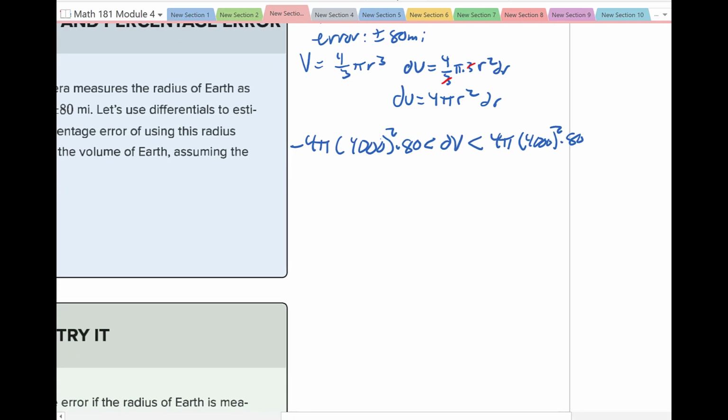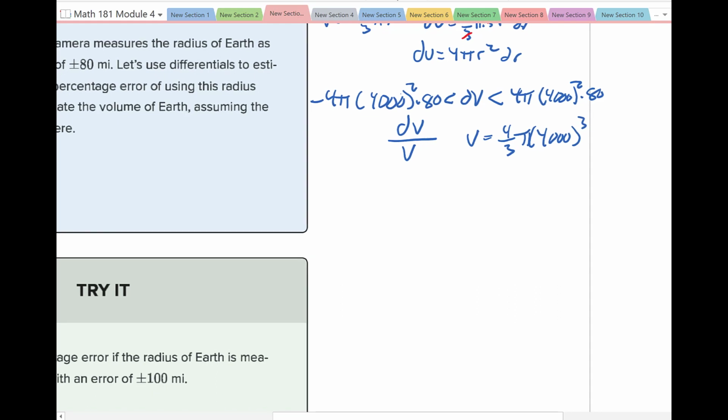And what we're looking for is dV over V. So our V is going to be 4/3 pi times 4,000 cubed.